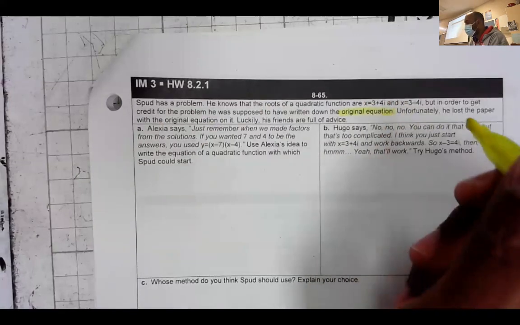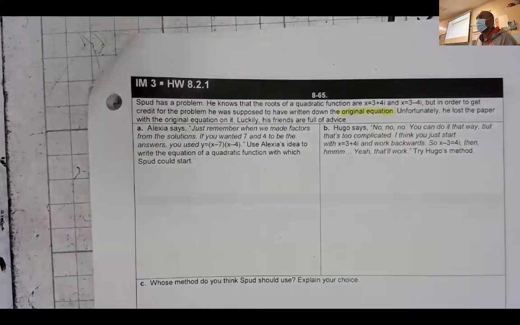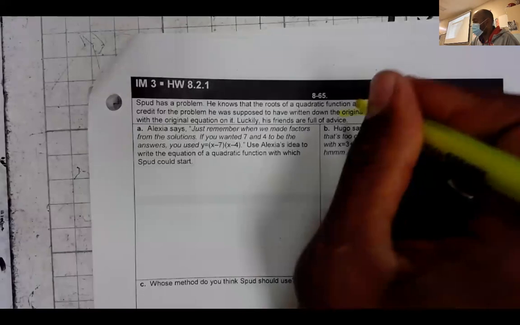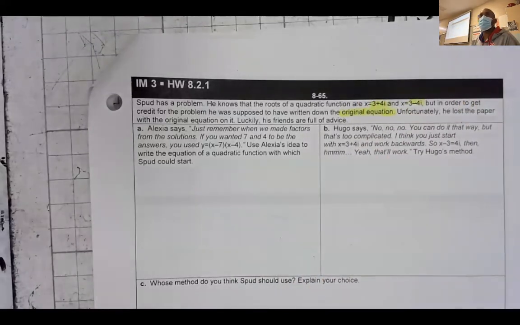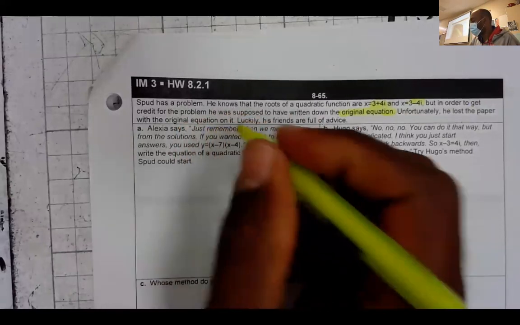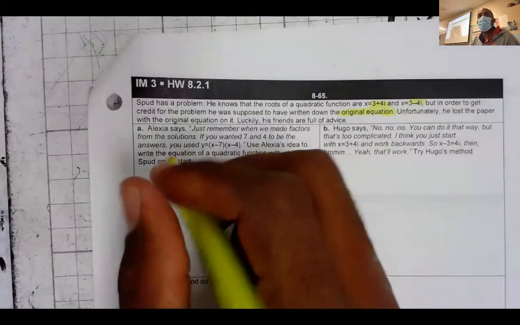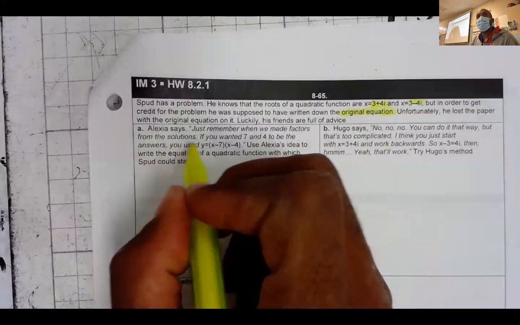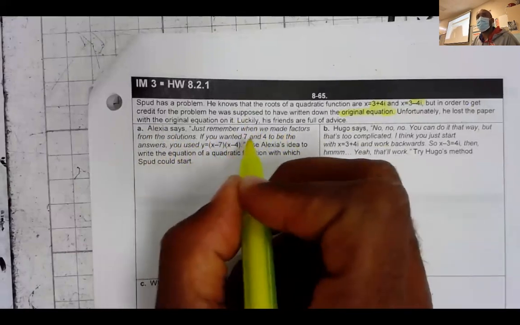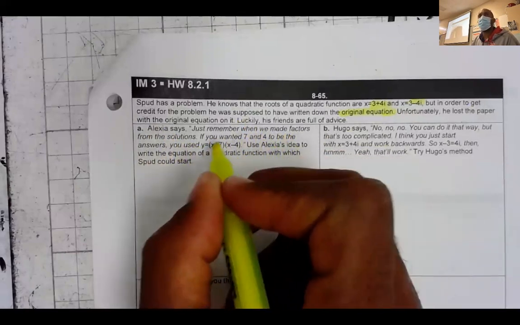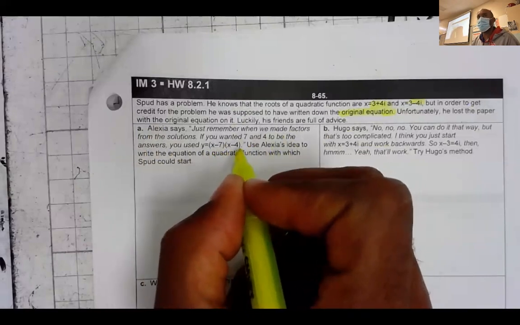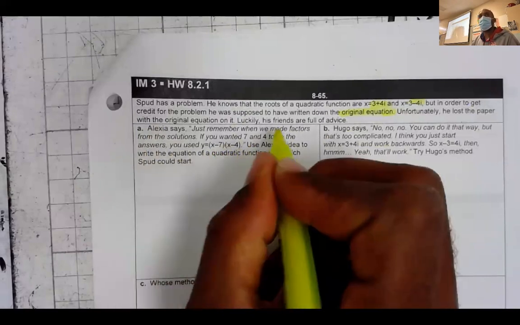So that little cute story is basically saying we need the original equation from these two roots. Unfortunately, he lost his paper and he didn't have the original equation anymore, so now we've got to find it, okay? So his first friend says, hey, remember when we had like plus 7 and plus 4, and it just became x minus 7 and x minus 4? Use that idea to find the equation. That's what we did here.